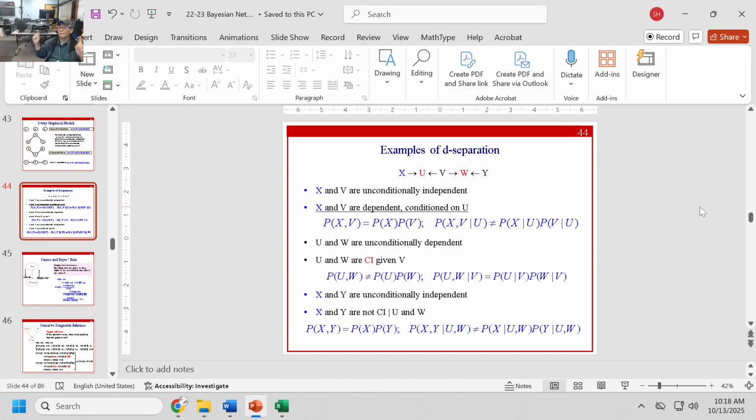So X and V become dependent, conditional on U. If I cannot watch you, X and V, I don't know where you're coming from, I don't know where you're going. You look random, right? But X and V become dependent if there's a condition on U.